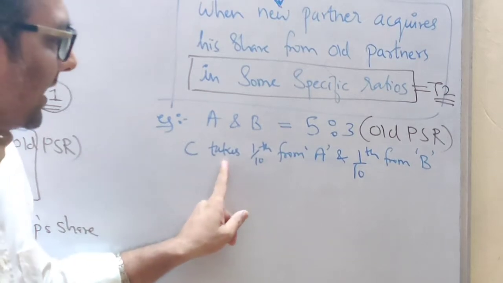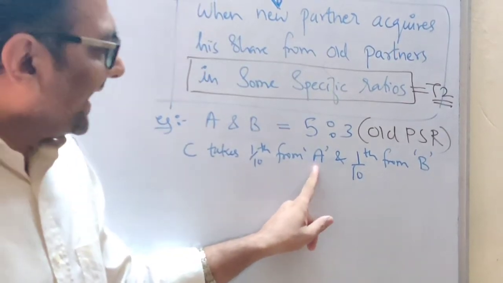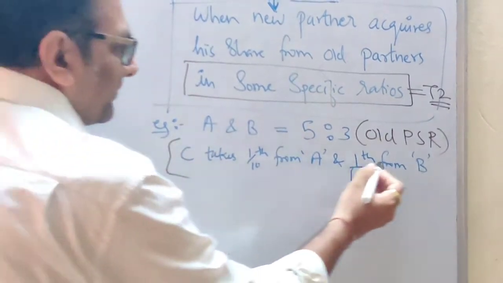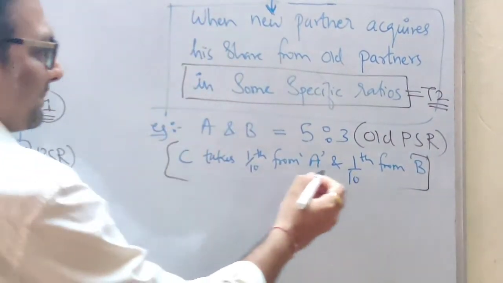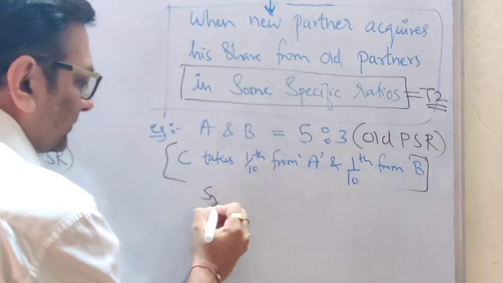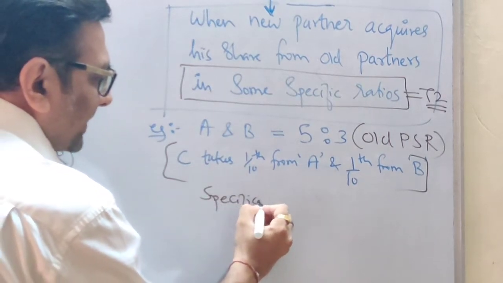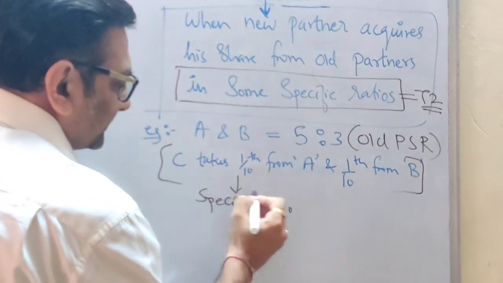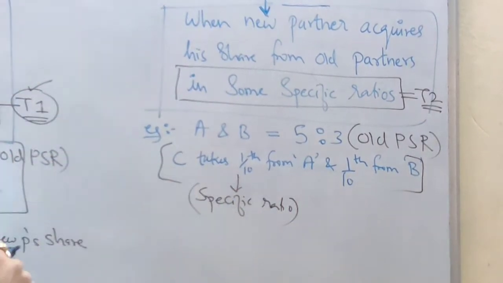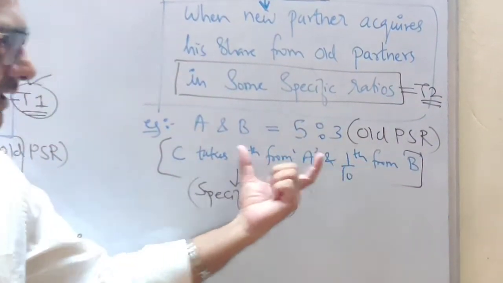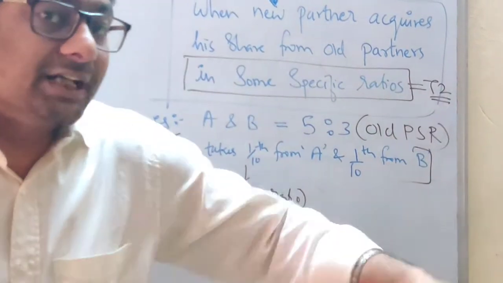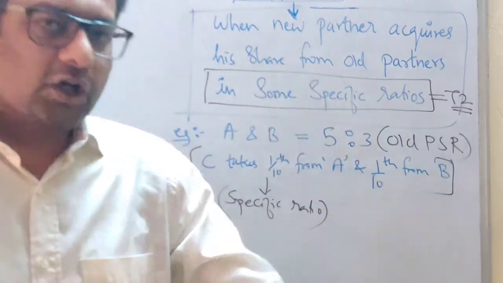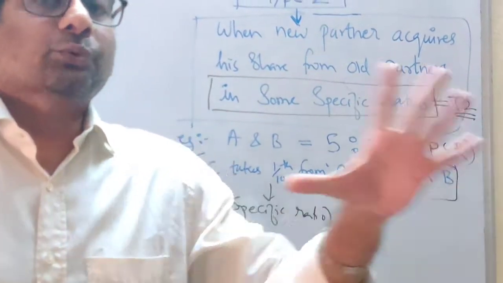C is taking 1/10 from A and 1/10 from B. Now this is specifically given to you. This is the specific ratio which is given to you. So when you see this additional information given in the question, it is for sure type 2.